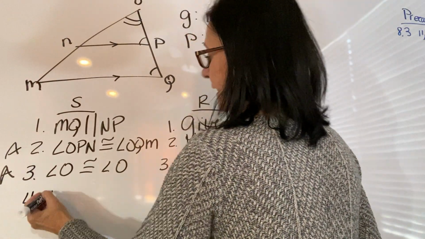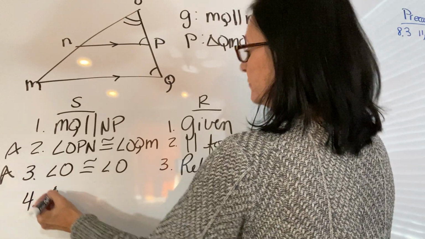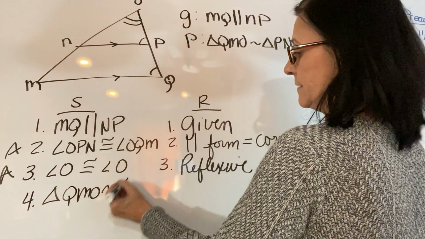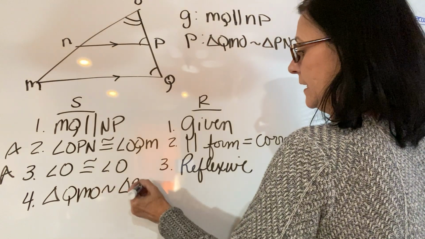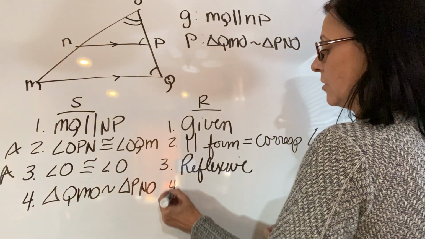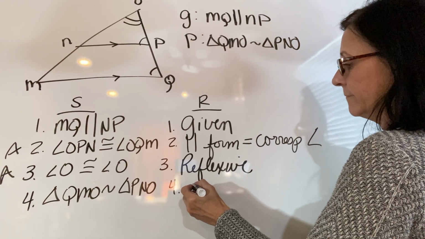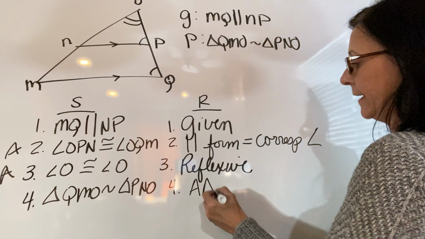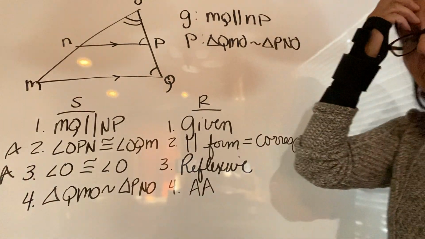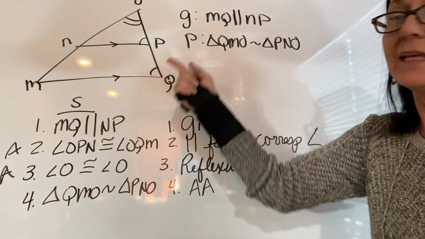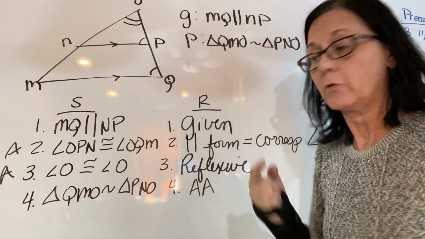Now I can say I have this proven. QMO is similar to PNO. My reason always is going to be angle, angle. Now I can say that any of those proportions are true.